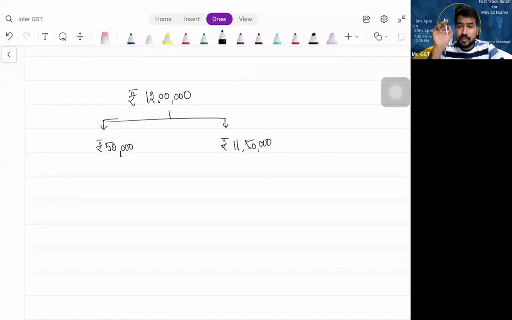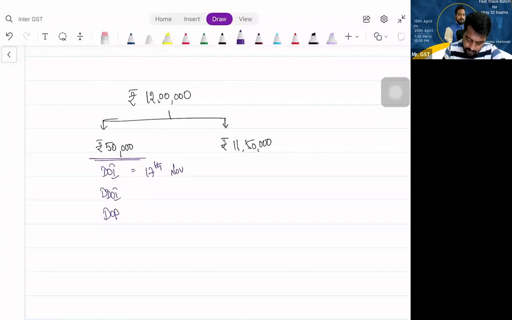Please always remember, for every payment you should compute the time of supply. For every payment. That will help you actually. Fine. So now 50,000. What is the time of supply? Same provisions. Date of invoice, due date of invoice, date of payment, whichever is earlier. Date of payment. When is the date of payment?